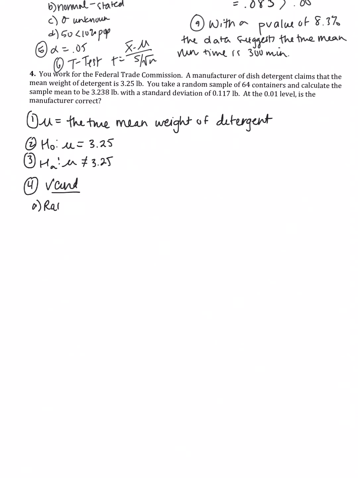Condition number 1, is that sample random? It says random, so that's stated. Condition 2, for numeric data, is it normal? n is greater than 30, so 64 is greater than 30. So by the central limit theorem, the sample is approximately normal.